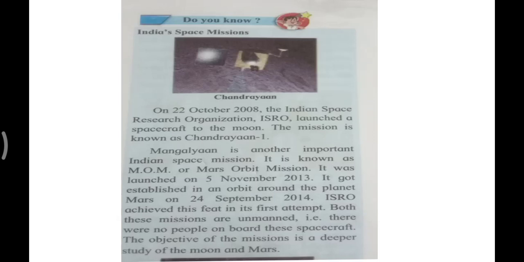It is known as MOM or Mars Orbit Mission. It was launched on 5th November 2013. It got established in an orbit around the planet Mars on 24th September 2014. ISRO achieved this feat in its first attempt.